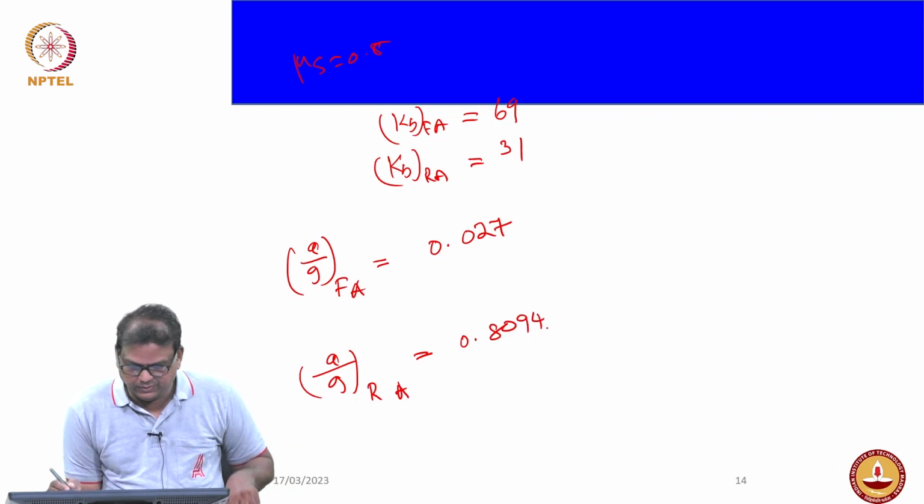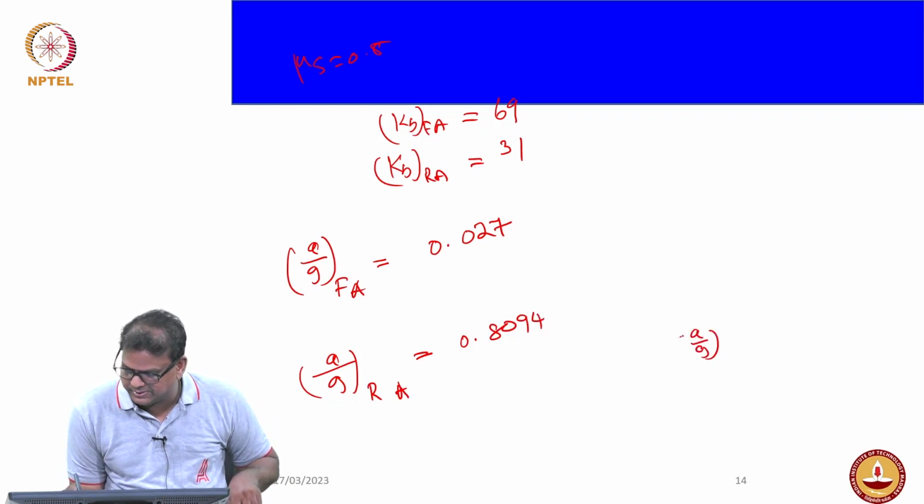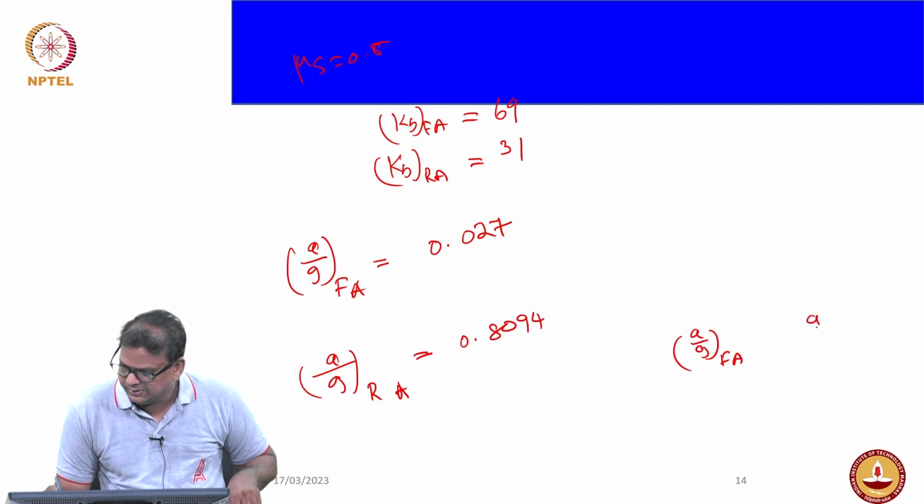So we got A by G front axle, A by G rear axle.